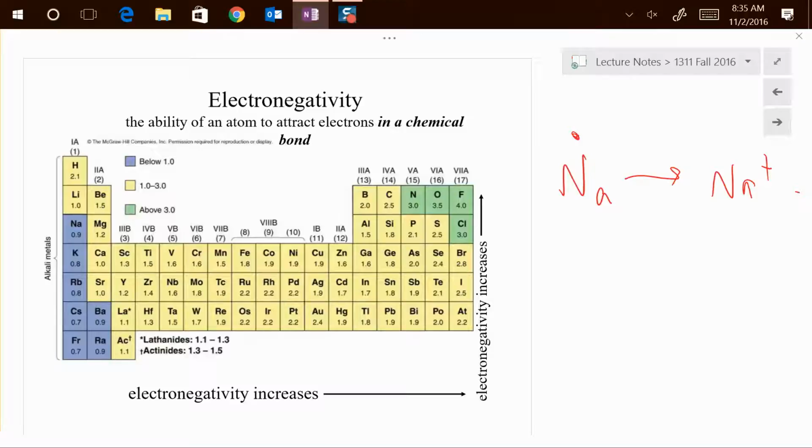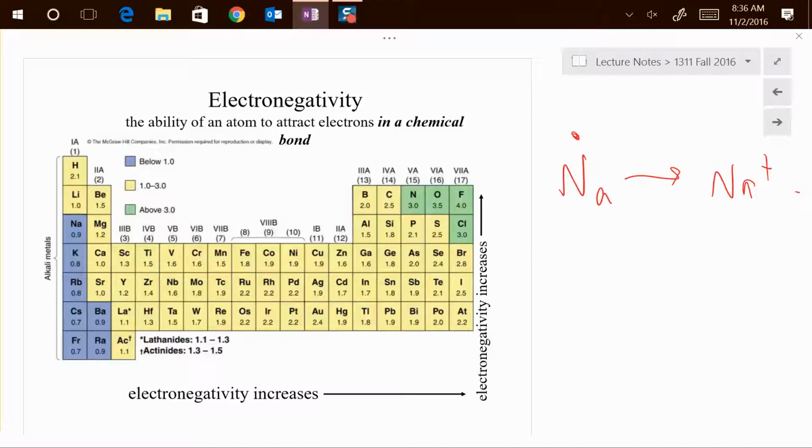to chlorine. But if chlorine and oxygen are reacting together, it's not the same situation. Why? Because with chlorine and oxygen, one of them doesn't want to gain and one of them doesn't want to lose. Those guys both want to gain electrons, right?